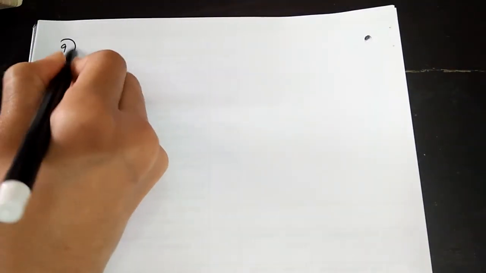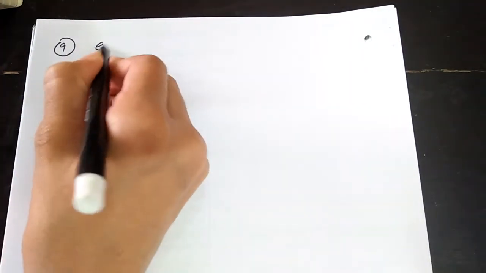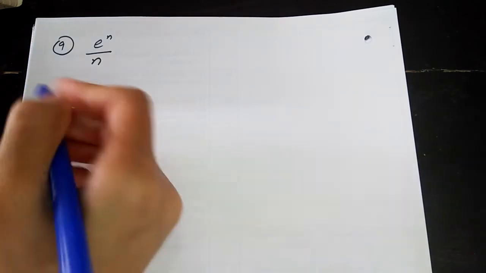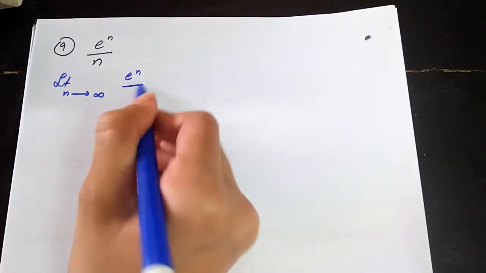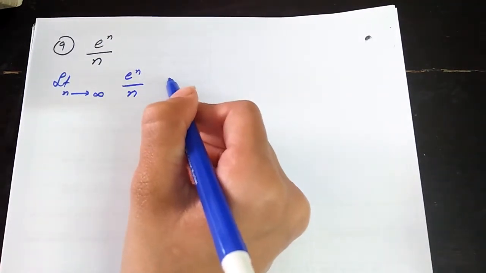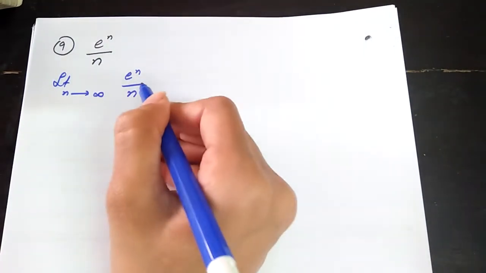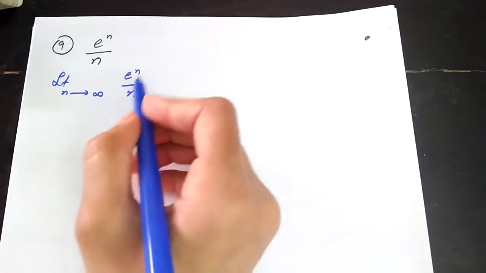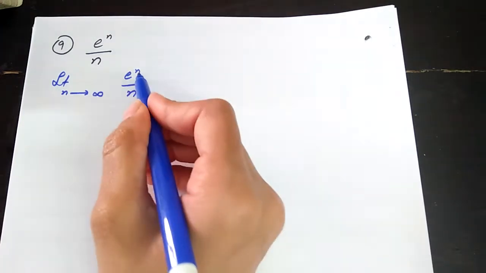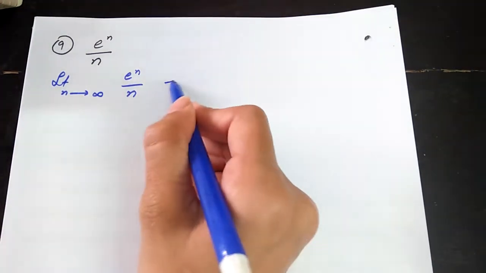Question number 9. The nth term of the sequence given in question number 9 is e raised to power n over n. Apply the limit as n approaches infinity of e raised to power n over n. This limit can be easily evaluated using the L'Hopital rule again. And what is that rule? You have to take the derivative of the numerator separately and the derivative of the denominator separately.